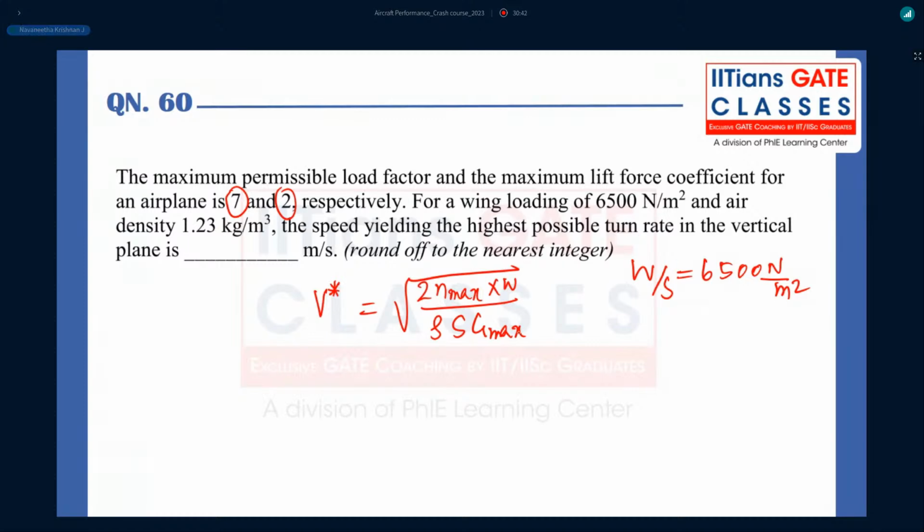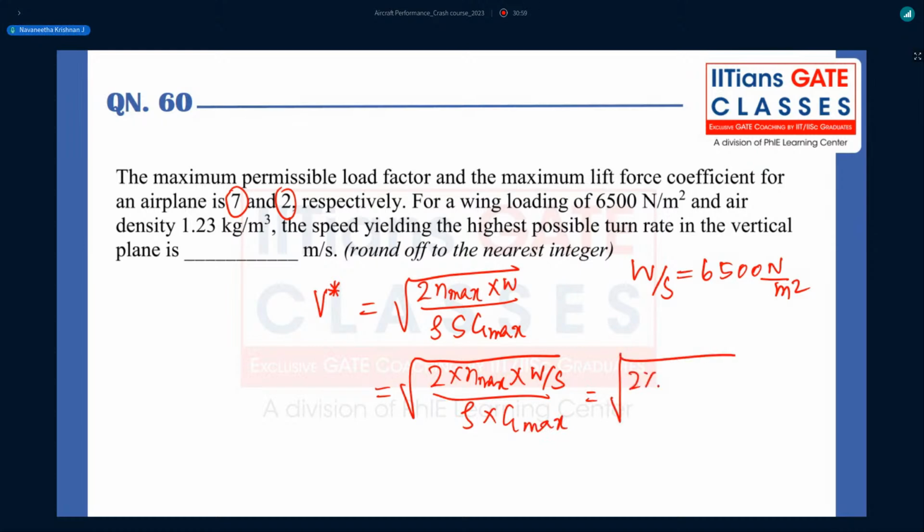And they asked us what is the speed. 2 into n max into W by S by rho into CL max. Substituting the values: 2 into 7 is the load factor, wing loading is 6,500, divided by density 1.23 and CL max is 2.